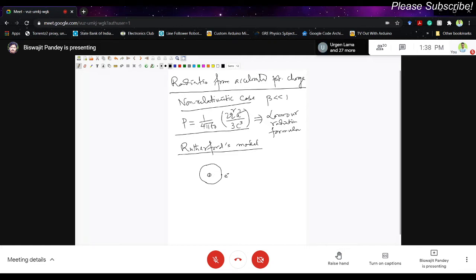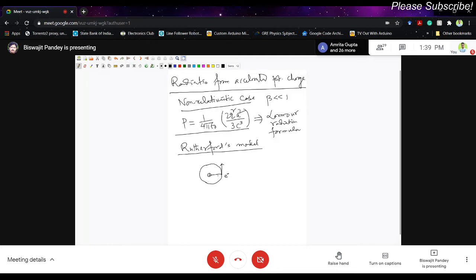If you consider an electron moving in a circular orbit, we already know that any particle moving in a circular path has some non-zero acceleration, because the direction is changing all the time. Velocity is along the tangent to this circular path, and acceleration is towards the center. So they are orthogonal, and this acceleration is changing all the time.